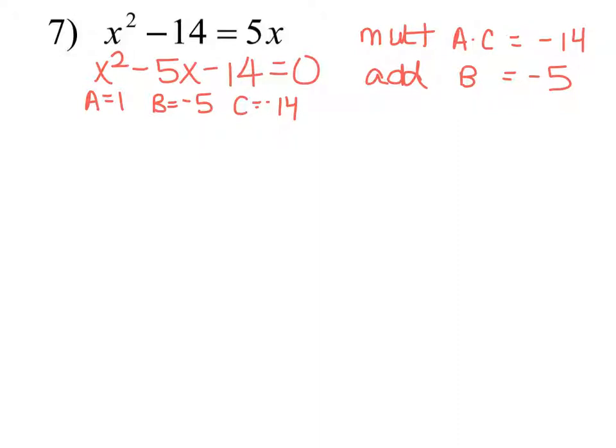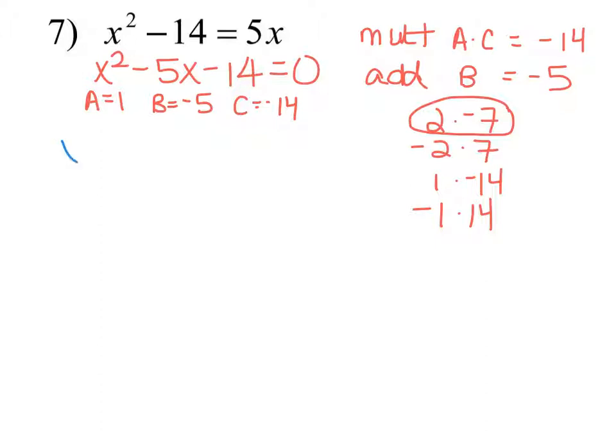And so if we take a look at some different factors of negative 14, it could be 2 times negative 7, it could be negative 2 times positive 7, it could be 1 times negative 14, it could be negative 1 times positive 14. And so the combination that's going to work is 2 times negative 7. And so we'll use those two numbers to help us split up the middle term.